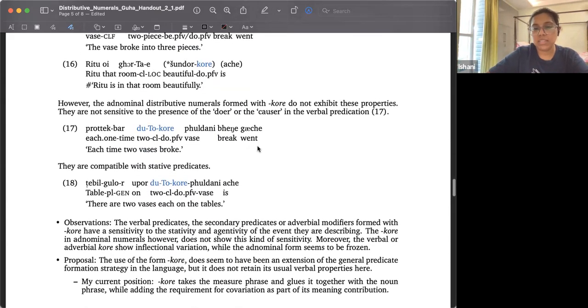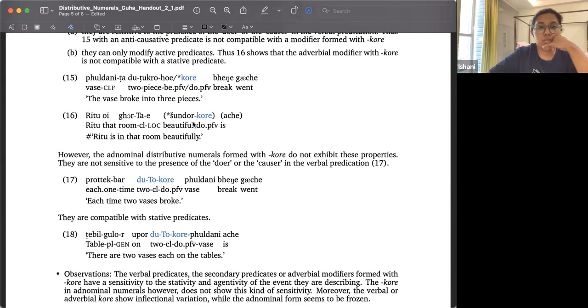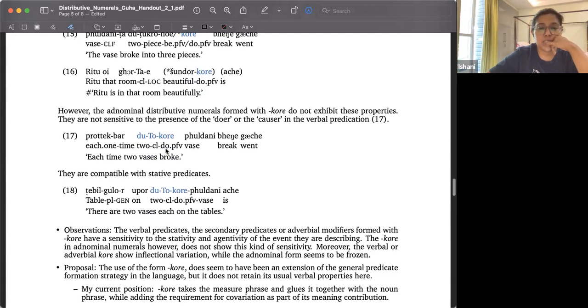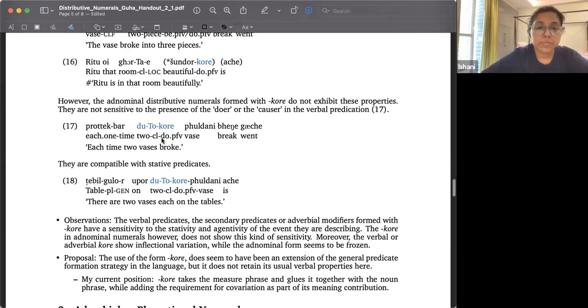Here ভেঙে গেছে is the same anti-causative, which was bad for the resultative in 15. 17 doesn't have any problem. So even though there's a core, it's cool with anti-causative, and that shows that core inside the nominal, the numeral, does not retain its properties when it's working inside the nominal.